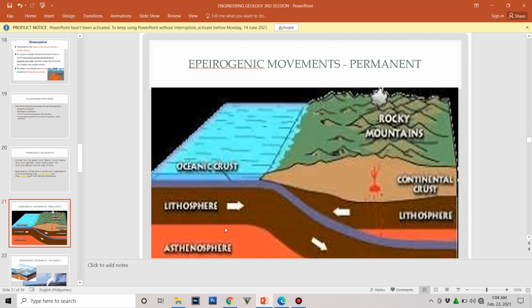So remember the two plates which are convergent to each other, no? So this is a classic example between the continental crust and oceanic crust, as we have discussed previously.